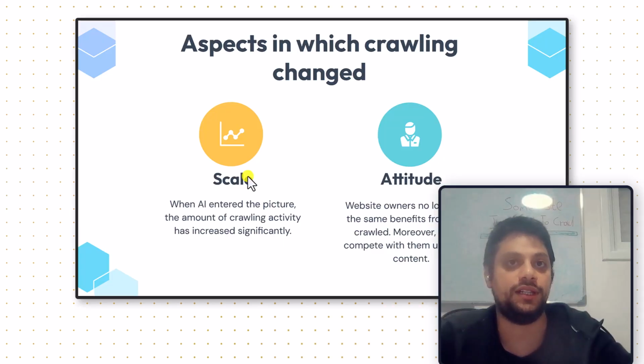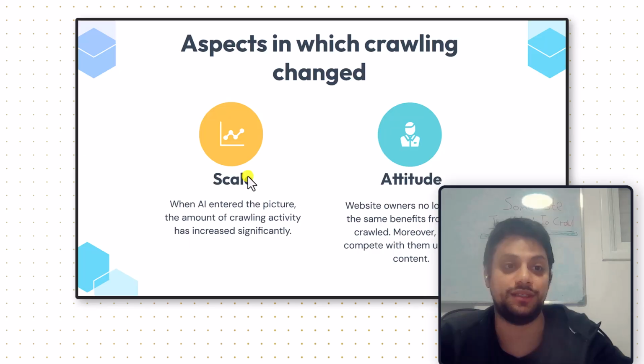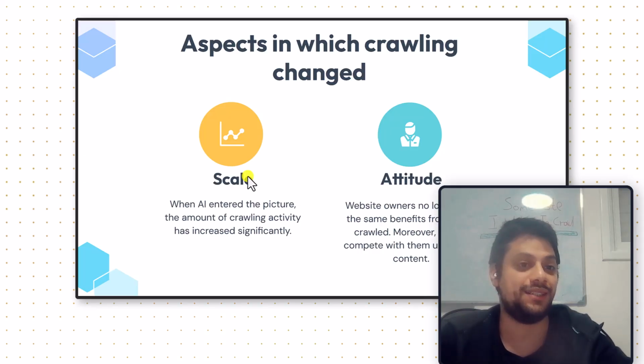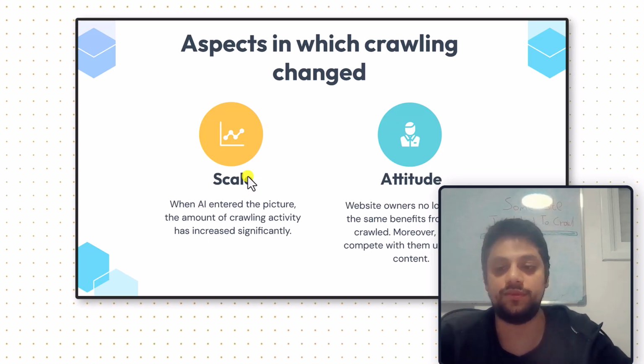AI models need an enormous amount of data for training, and the data mostly comes from the web. So this creates a large demand for web content. Therefore, when AI arrived, the amount of crawling activity increased substantially. If you own a website, you're likely to receive many more requests from crawlers now than you would in the past.